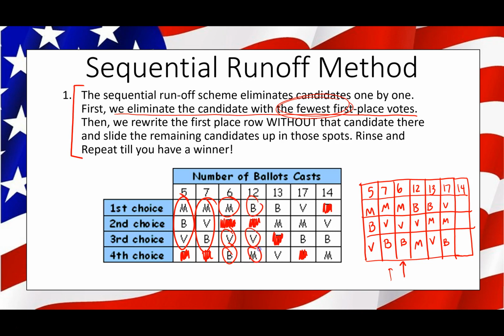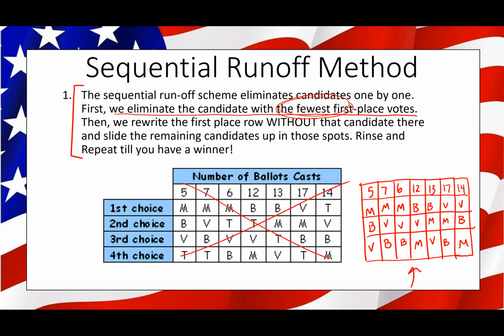Then a BVM, BVM, BMV, BMV, VMB, VMB, and the last one should be a VBM. So you're basically rewriting this, but without the T, because remember, we eliminated T because it had the fewest first place votes.